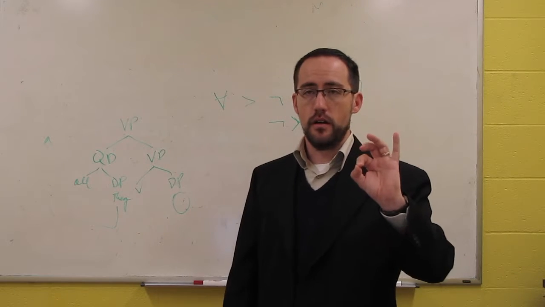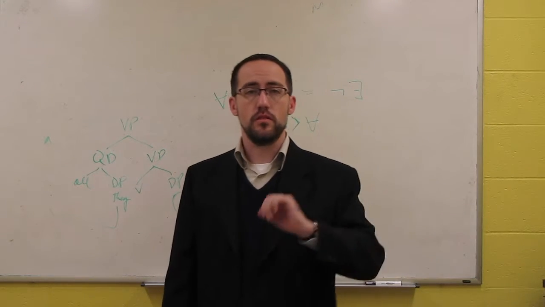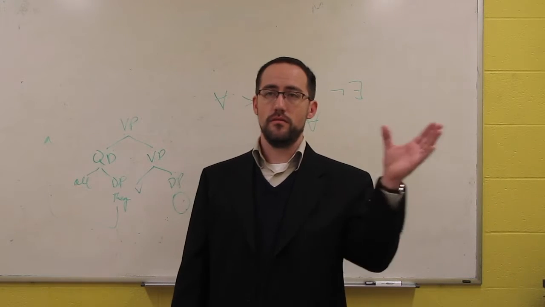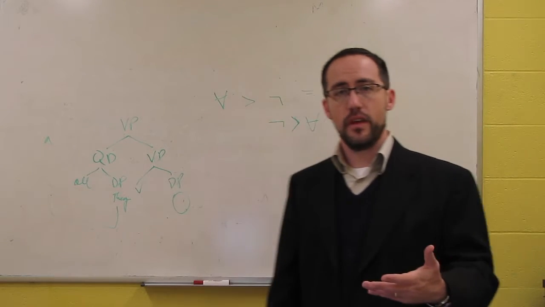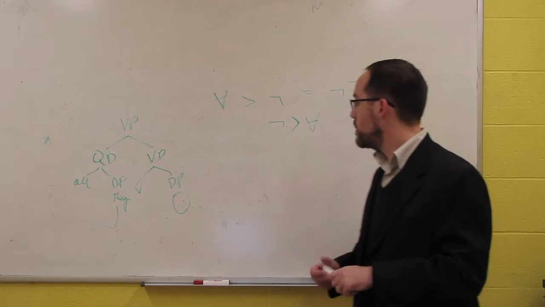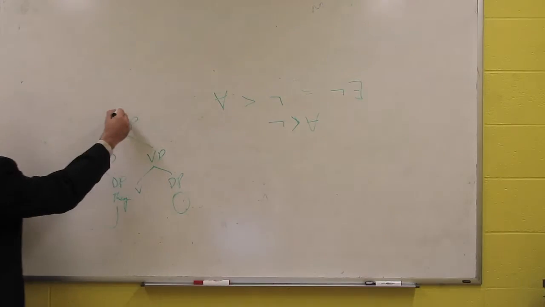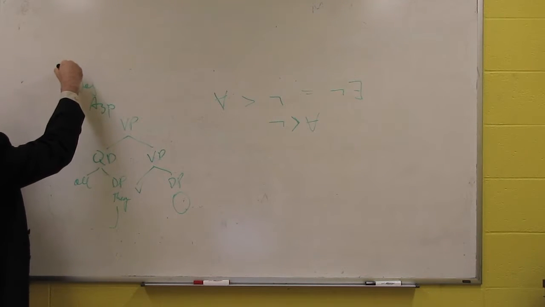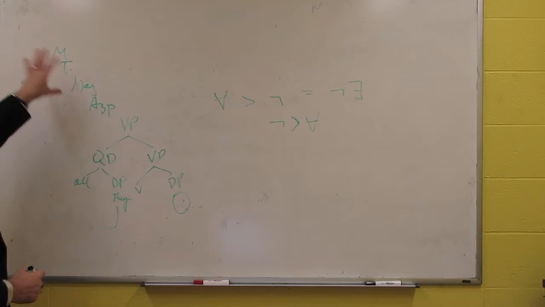There's the coordination, quantifier float, reconstruction, and there's a number of other pieces of evidence as well that we've seen. You might have come across here or there. There's a lot of evidence for it. And it also makes more intuitive sense, right? Because what we'll see is that we'll have the inflectional layers with aspect, negation, tense, modality, and all these other things that add on to the predicate, that tell us about the events or the predicates.